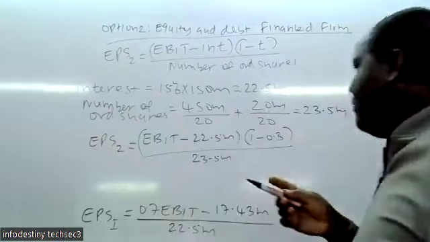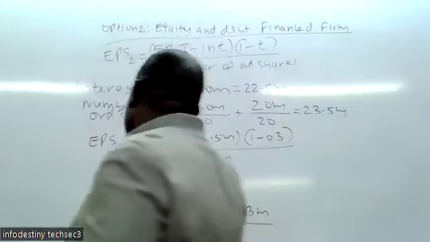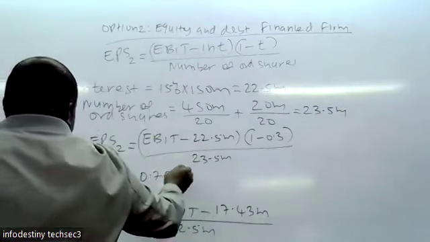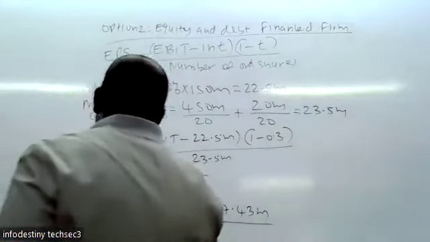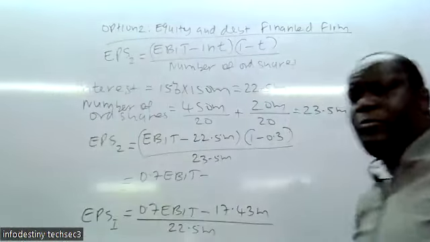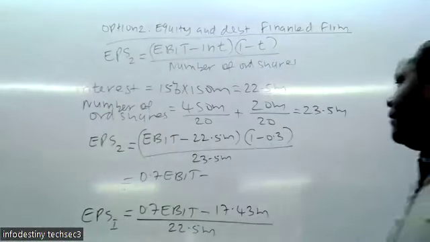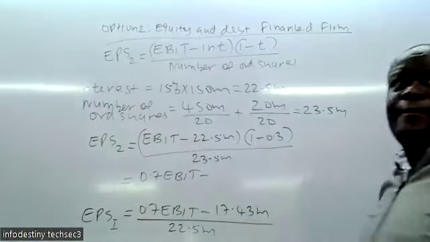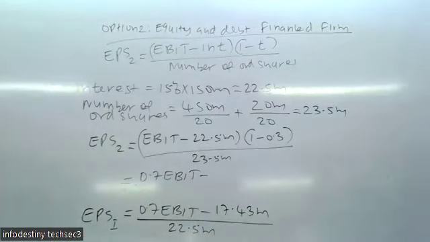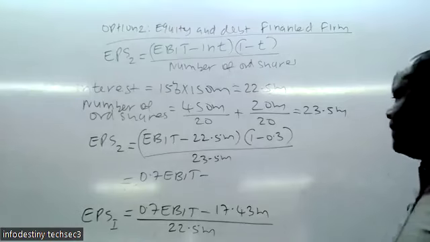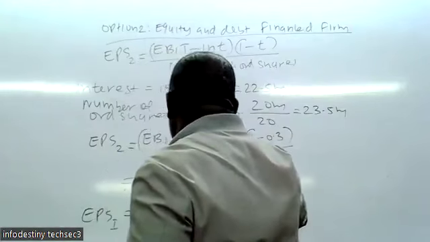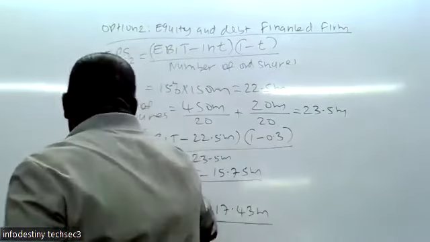When we open the brackets, this is the same as 0.7 earnings before interest and tax. When you take 22.5 and multiply by 0.7, which figure does it give you? 15.75. So you still divide by 3.